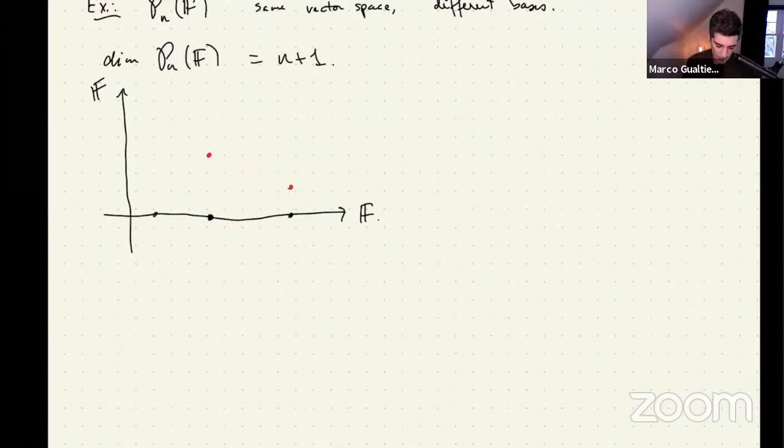So suppose that I try a bunch of input values and I get the following outputs.